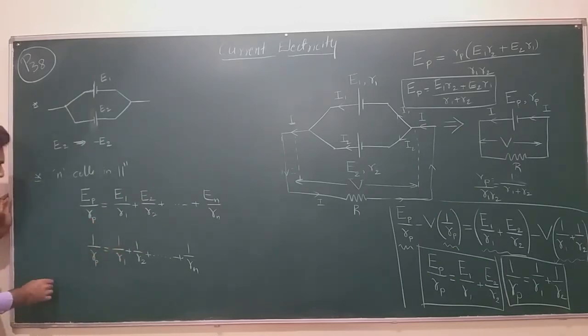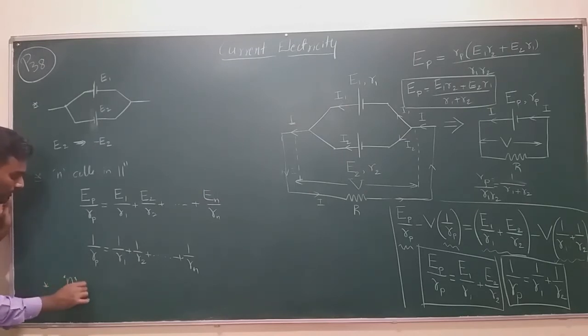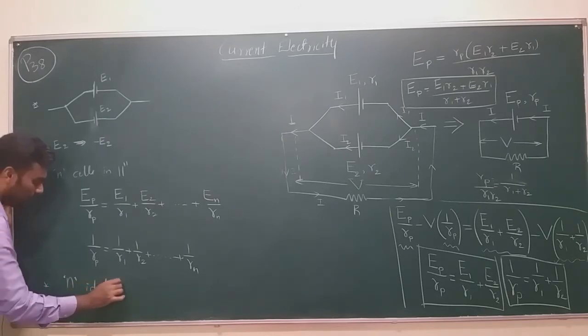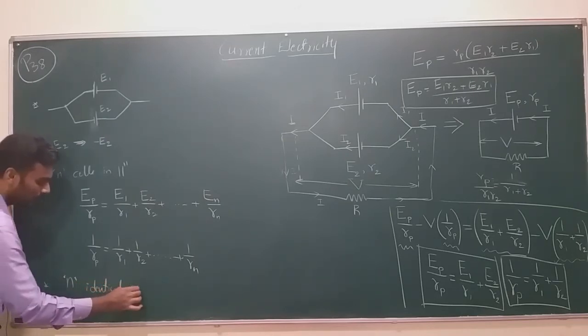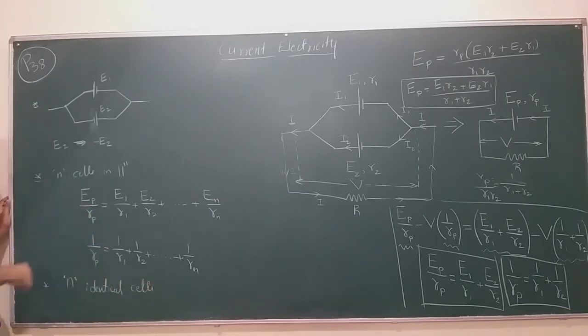So, the next special case is for n similar cells, n identical cells connected in parallel.